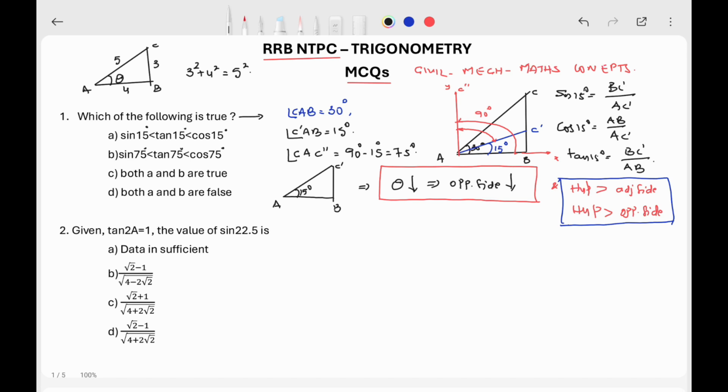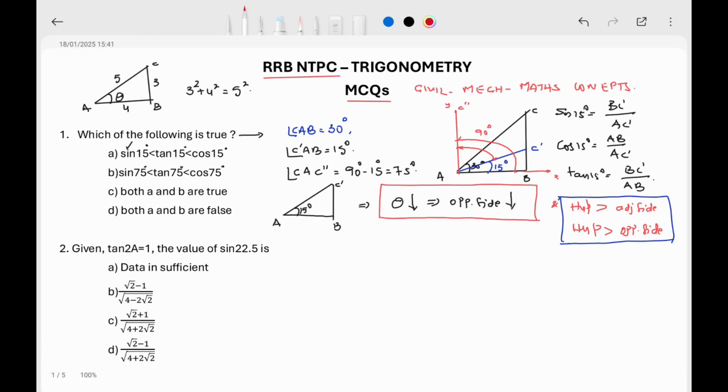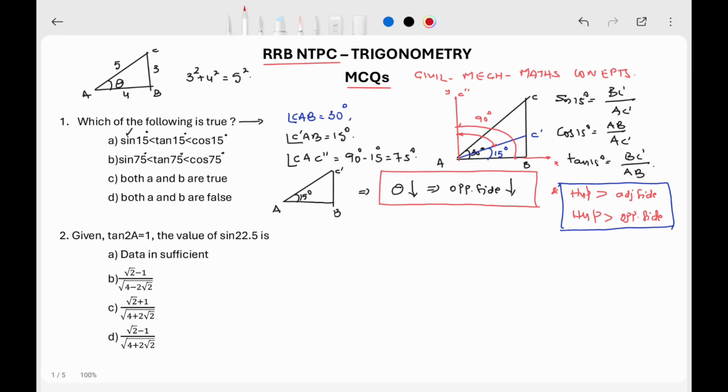Now you see, sin 15 is BC dash by AC dash. Next, cos 15 is AB by AC dash. And cos value and sin value cannot be more than 1. For the given conditions of theta, sin theta or cos theta cannot be more than 1.